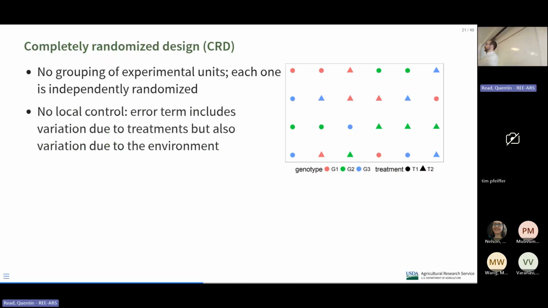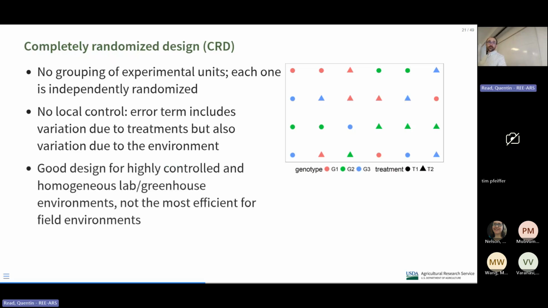This is great for randomization and replication, but you don't have very good local control in a completely randomized design, because the error term in your statistical model cannot distinguish between variation due to treatment and variation due to environment. They're bundled together in the error term.